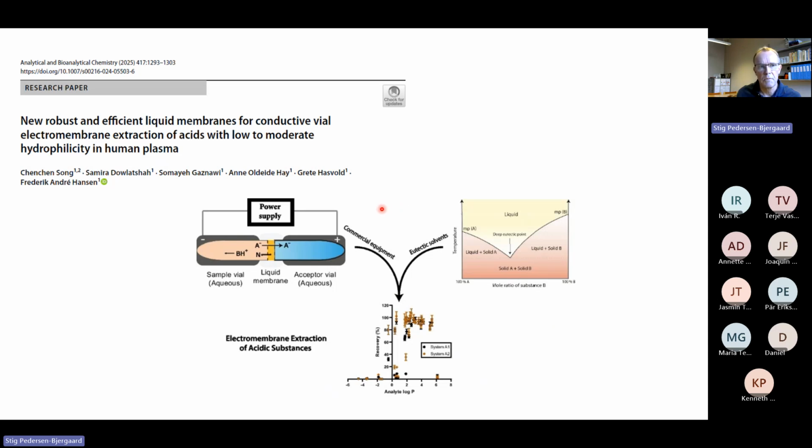And here is one example that we published, generic extraction conditions for acids with low or moderate hydrophilicity. So in this paper, we were able to extract acidic compounds very efficiently down to log P 0 or even log P -1, published recently in Analytical and Bioanalytical Chemistry.